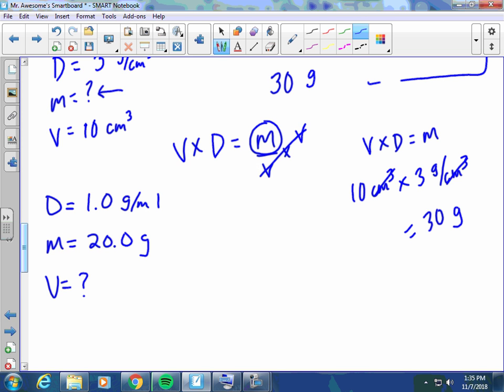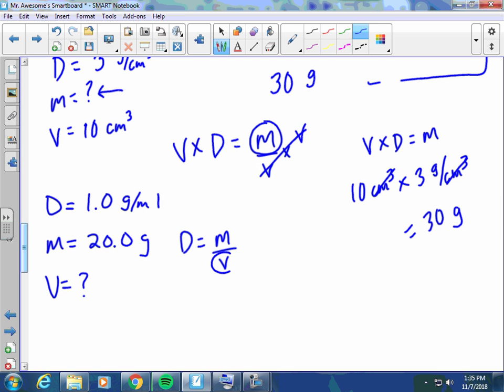All right, so same thing like I did before. If you just start by writing the equation, D equals M over V. What am I trying to solve for here? Density, mass, or volume?